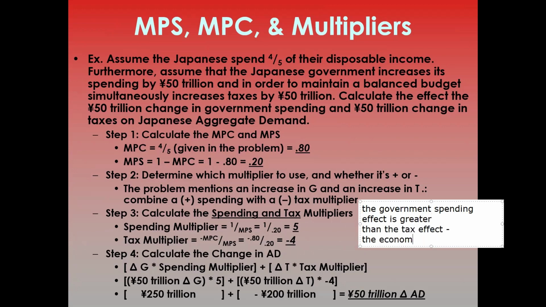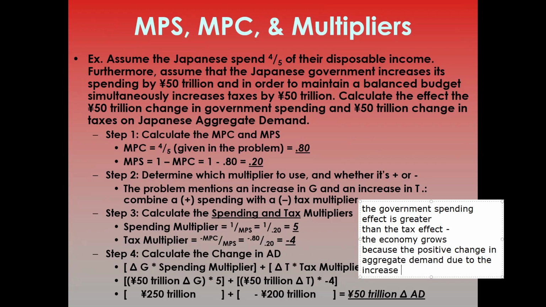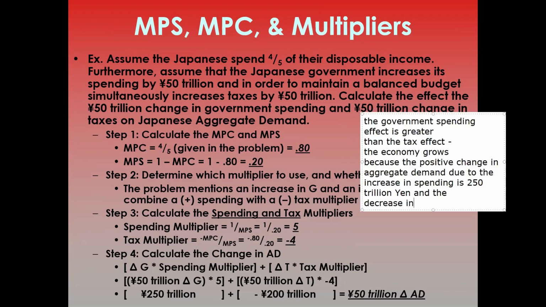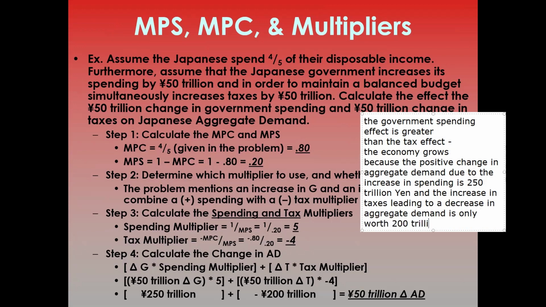So the economy grows in this case because the positive change in aggregate demand due to the increase in spending is 250 trillion yen, and the increase in taxes leading to a decrease in aggregate demand is only worth 200 trillion yen.